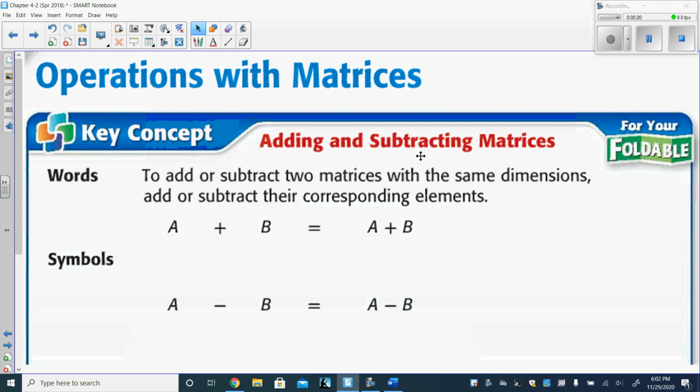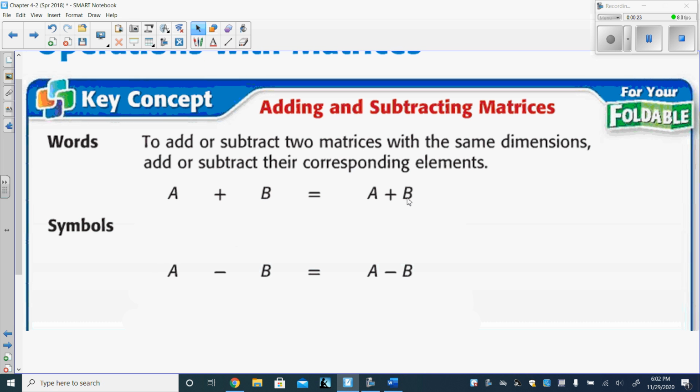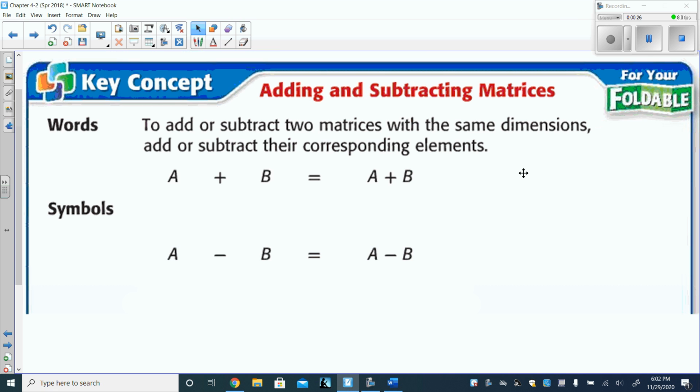So, matrices. What we're going to look at today is three operations. The first two are going to be addition and subtraction, and we've covered this once before. We can add two matrices or subtract two matrices from each other. And whenever we add or subtract, the matrices have to have the exact same dimensions. If the dimensions are the exact same, then we can add or subtract them from each other. If they don't, then we cannot.